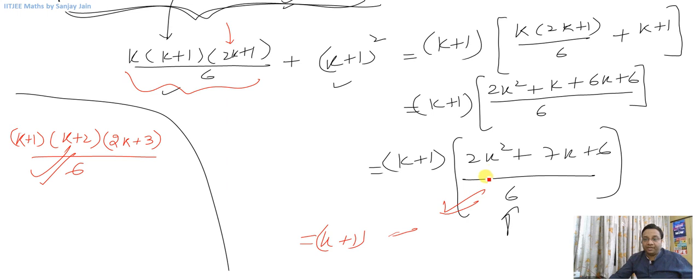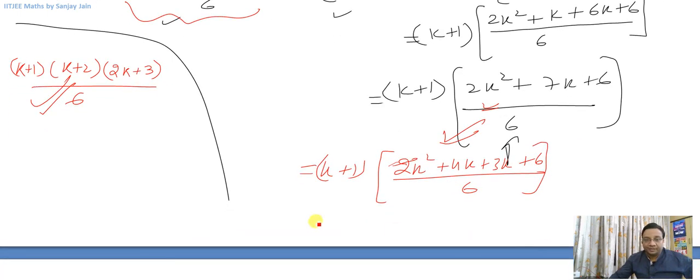Now if I factorize this quadratic, it will be 2k squared plus 4k plus 3k plus 6 divided by 6. After factorizing, if you take 2k common, it will be (k+2) here, plus 3 if you take common, it will be (k+2) here, divided by 6.